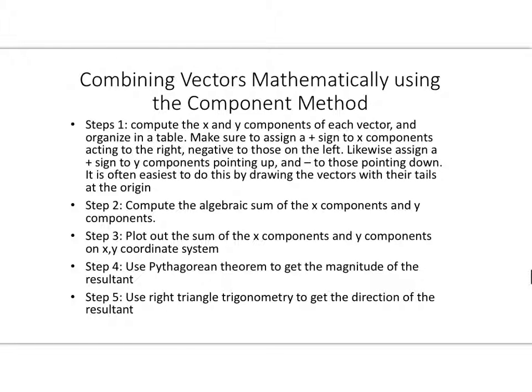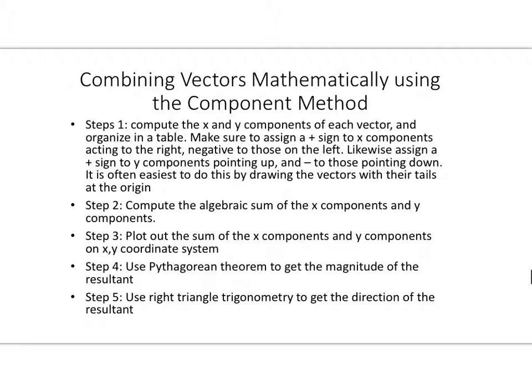In this video, we're going to be talking about combining vectors mathematically using something that's called the component method. So I'm going to go through the steps in this first slide, and then in the next slide we'll go through a problem. Okay, so step one is to compute the x and y components of each vector organized in a table.